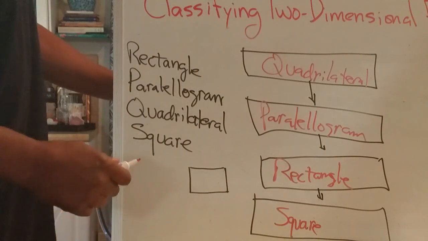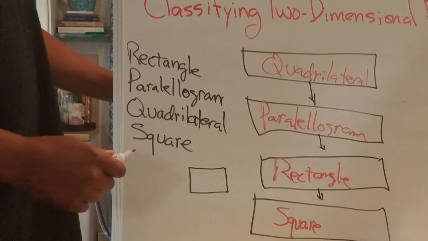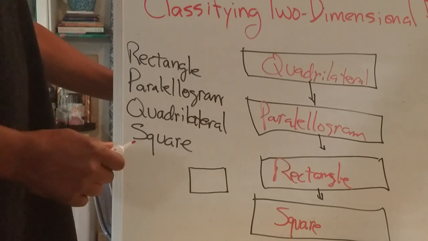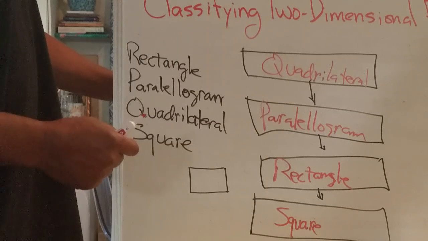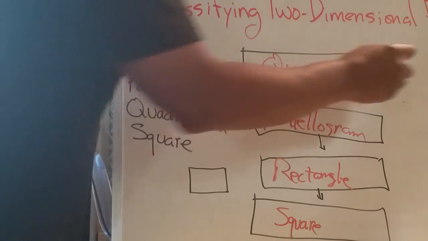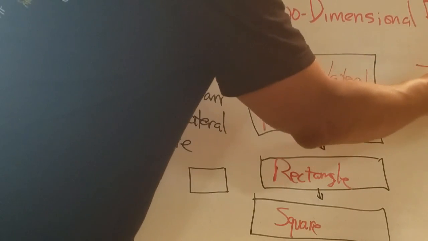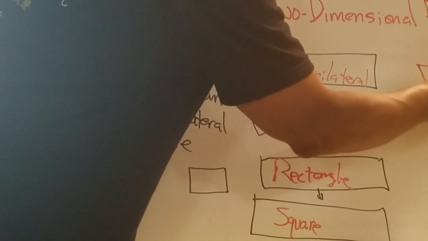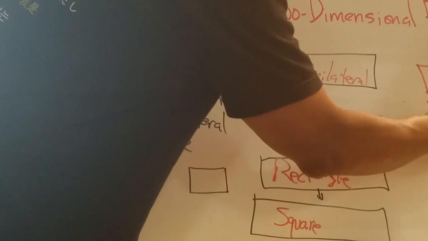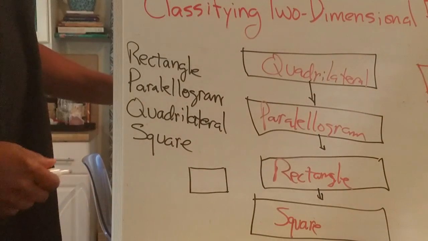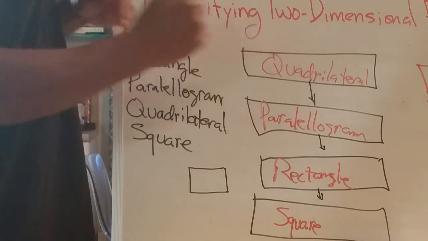I also didn't include square in the definitions because honestly, that's another kindergarten, first grade term that you should know. A square has four equal sides. Every side is exactly the same. That's a square. All four sides are the same. So that's real specific.